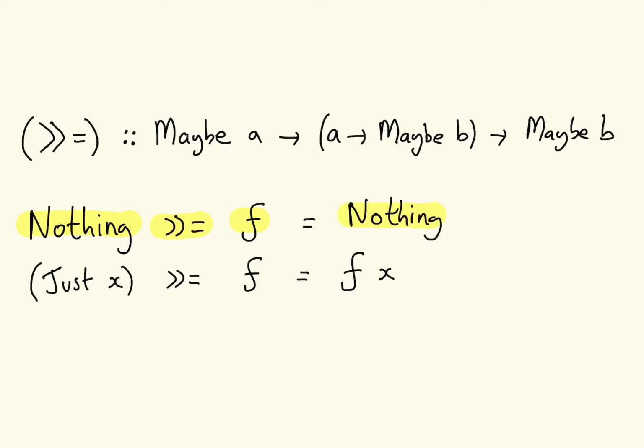So in this case, the then operator, or the sequencing operator, or the bind operator, simply propagates the failure in the first parameter. If the first parameter actually succeeds and we get a successful value x, then all we're going to do is feed that into the function f simply by applying the function to that parameter.